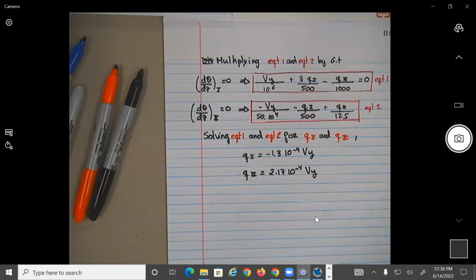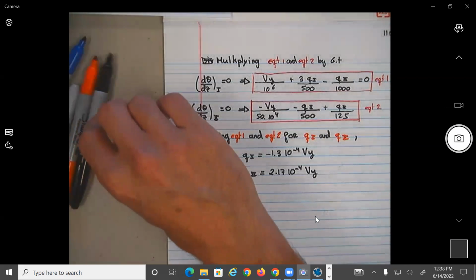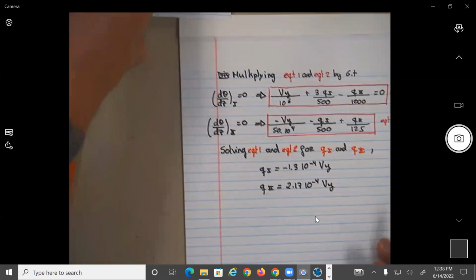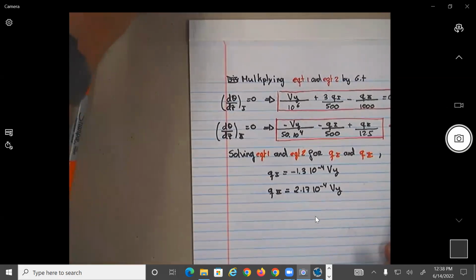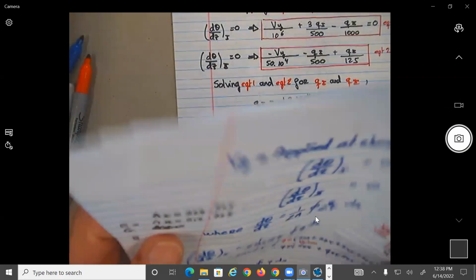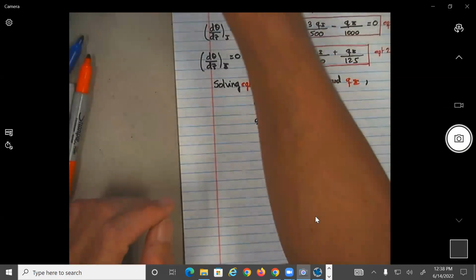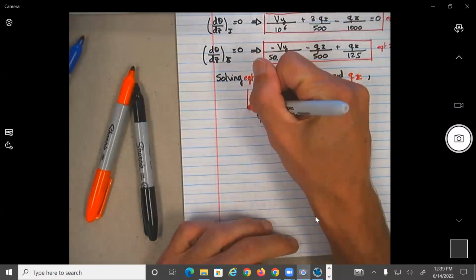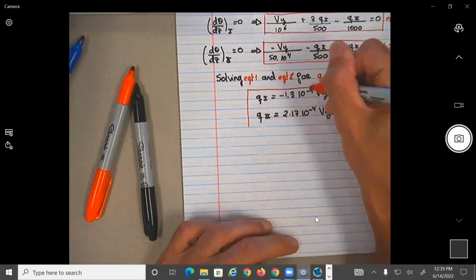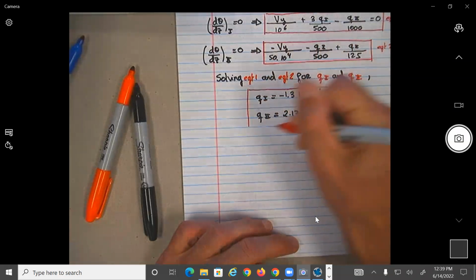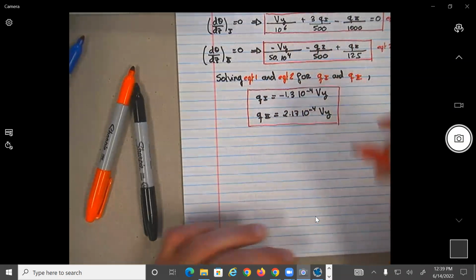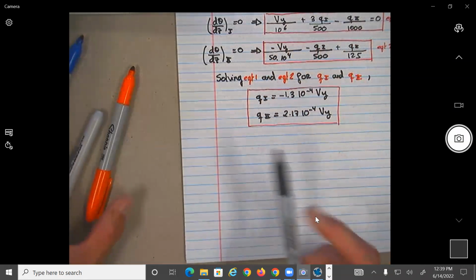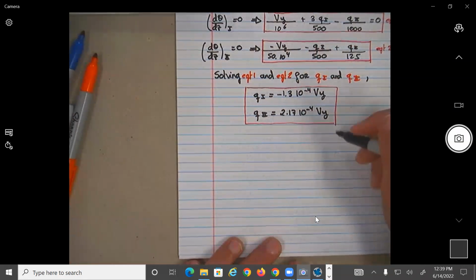Okay, so now what does that mean? We need to be careful. I will probably personally do another figure, okay? This stuff to me works a lot better with figures. So let's see if I do another figure here.